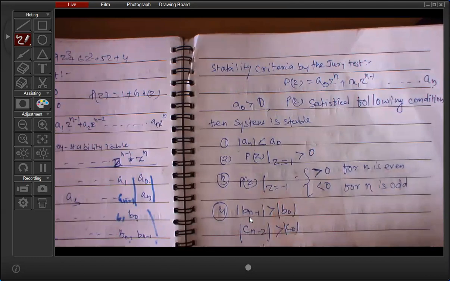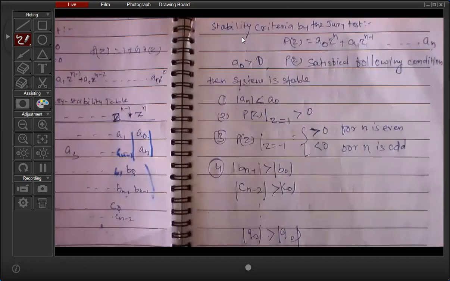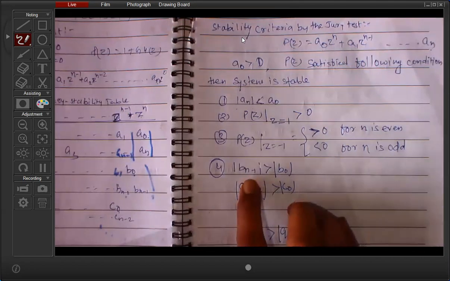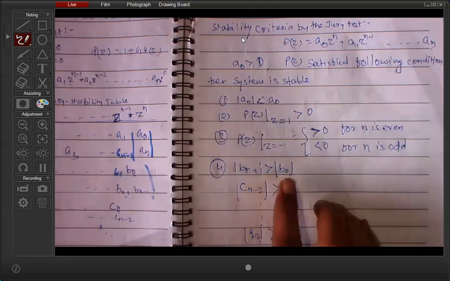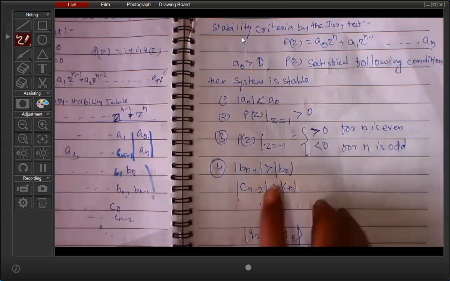And from the Jury stability criteria, always the magnitude of the coefficient bn minus 1 must be greater than the magnitude of b naught.